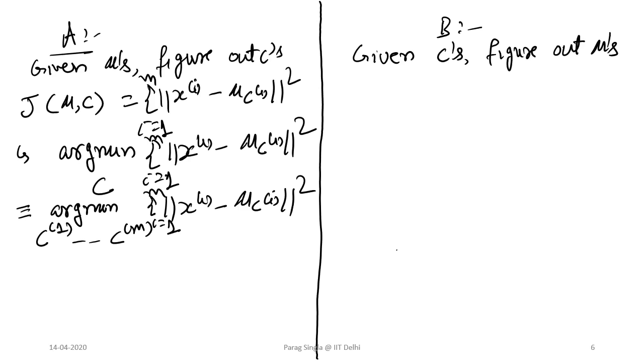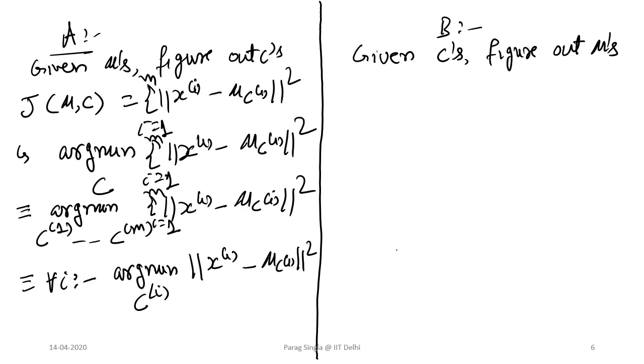This is all given that we know the mu's, we know the cluster representatives, which is equivalent to saying that for all i, we want to figure out what is the value of ci which minimizes xi minus mu ci whole square.